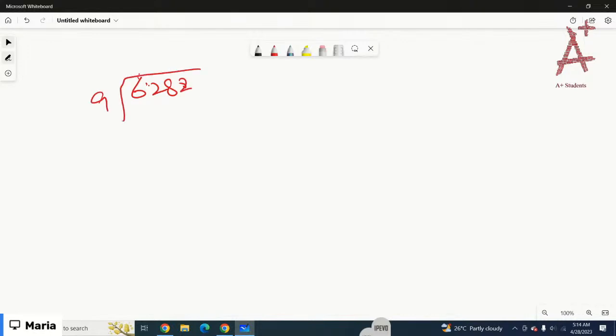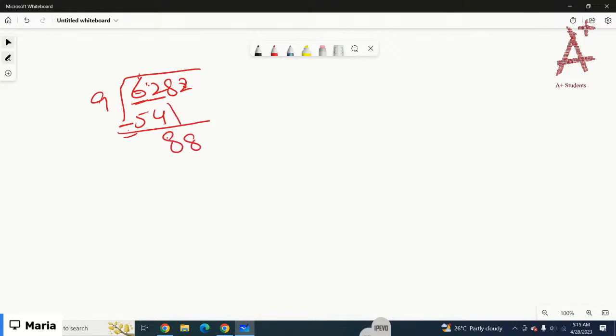Okay, you can't divide 6 by 9. So you have to make it 62. You have to count 9 until 62. 9 times 7 is 63. 9 times 6 makes 54. So it would be 8.